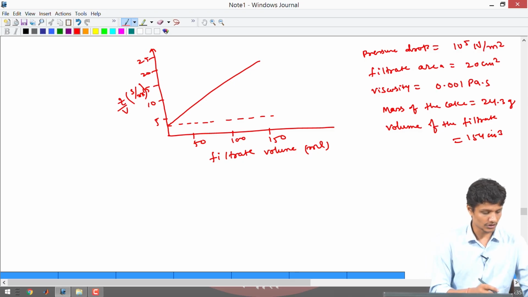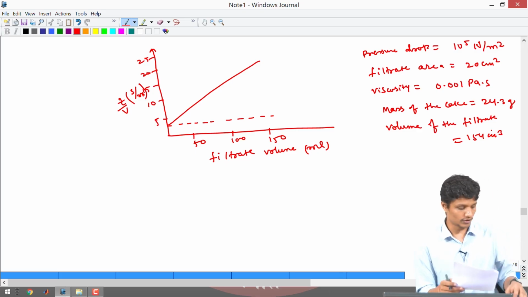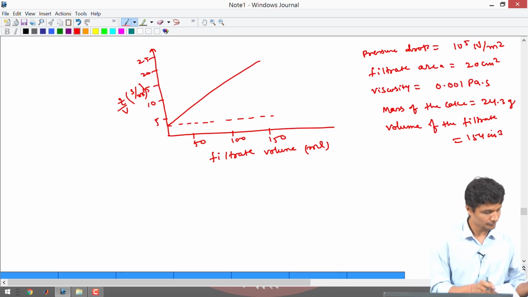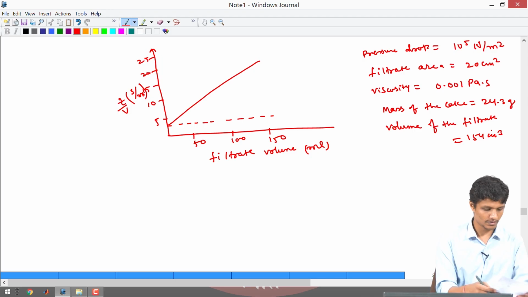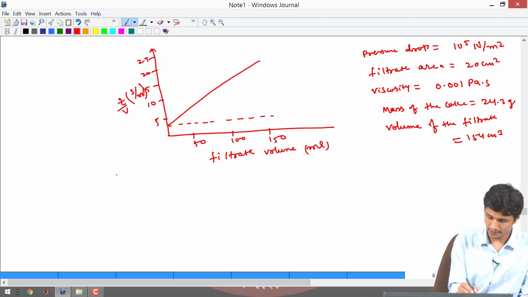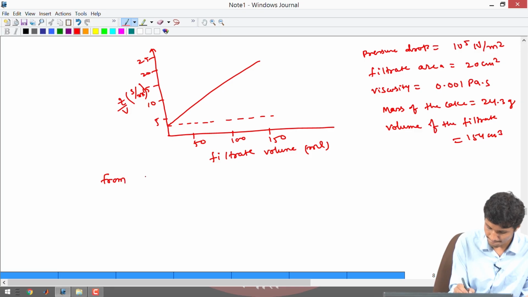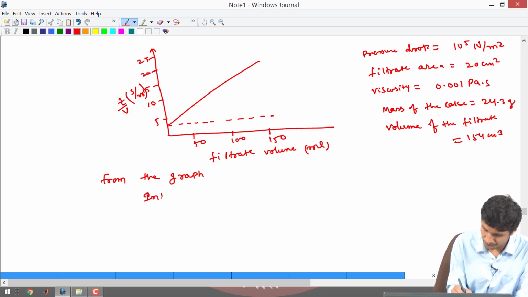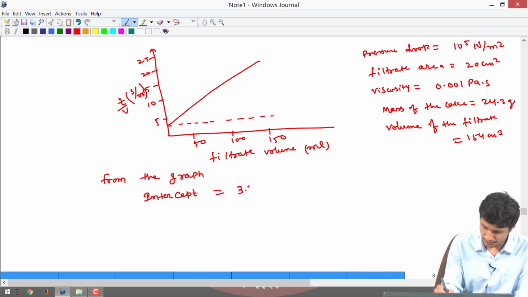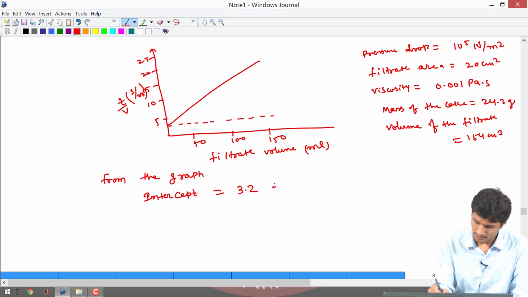So, this is also a constant pressure drop question. I am going to apply the same equation here also. From the graph, the intercept is about 3.2 second per ml.